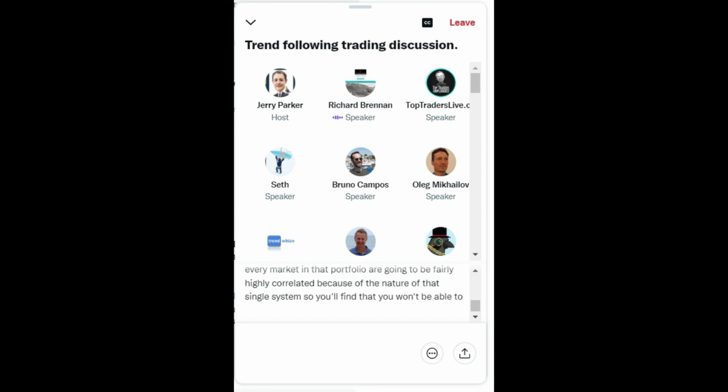So you won't be able to diversify as much with a single system across markets as when you apply an ensemble of different systems to a single market. With those different systems applied to a single market, it actually, at the portfolio level, reduces the correlation of the individual return streams produced from that ensemble of systems.